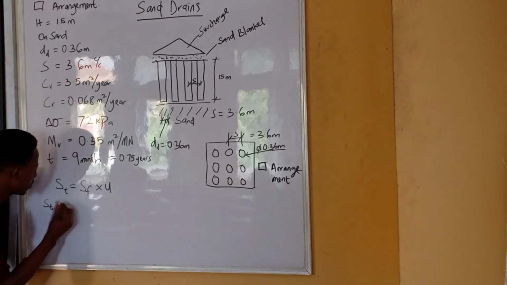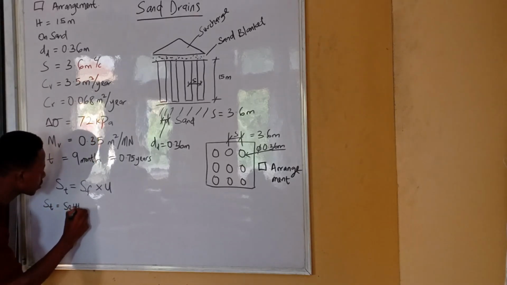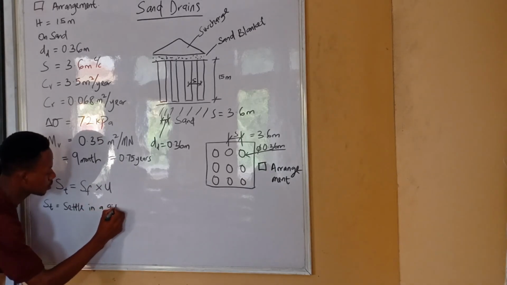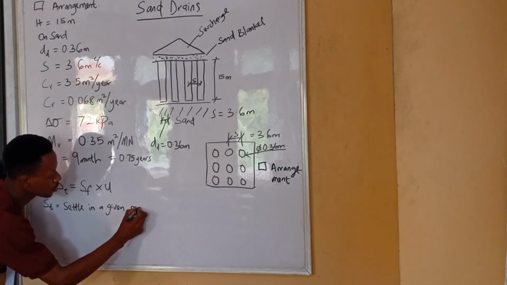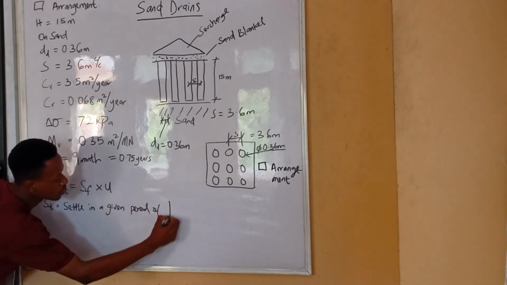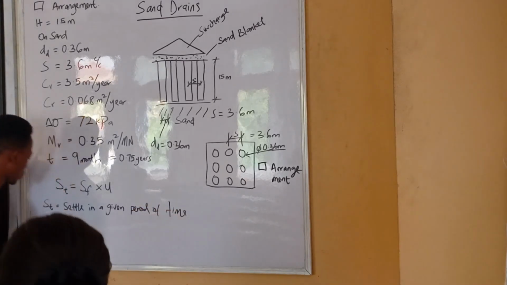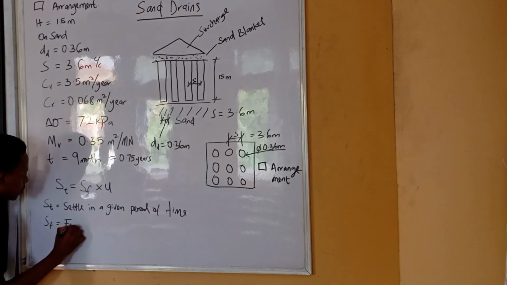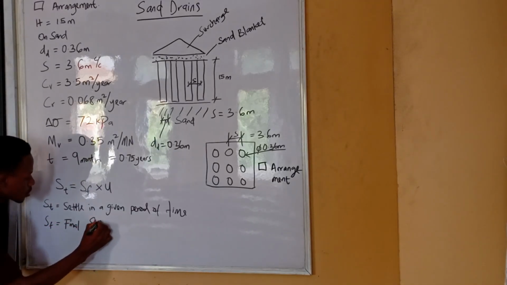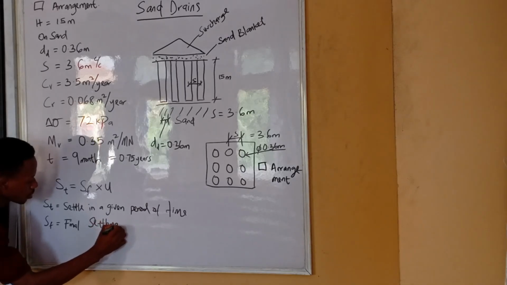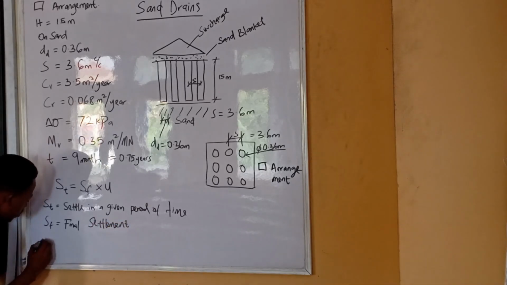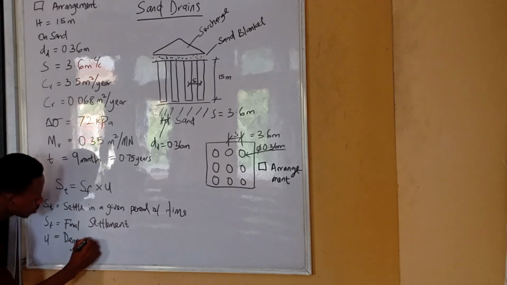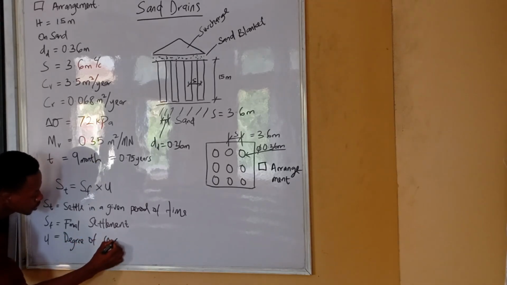ST, settlement in a given period of time. SF, final settlement, and U, degree of consolidation.